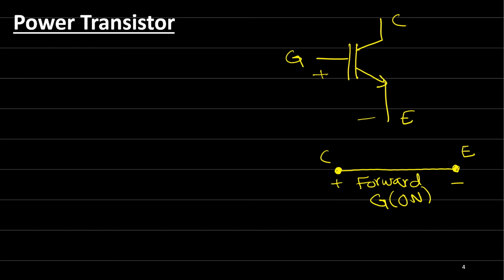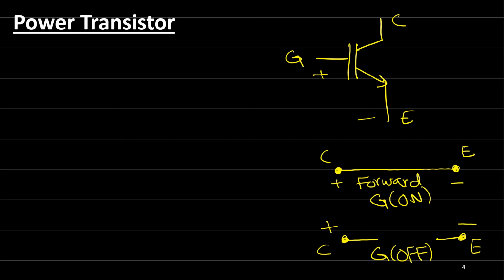If the gate is off, then this will be an open circuit. But also here we have collector-emitter voltage that is positive, right?